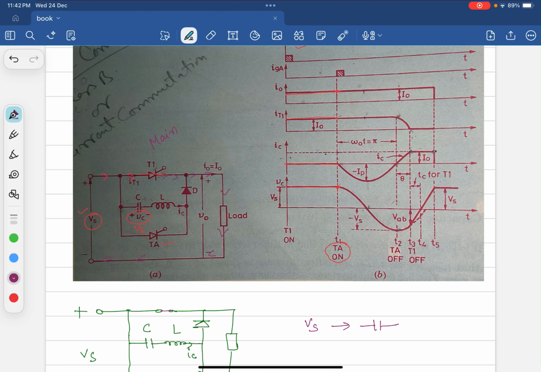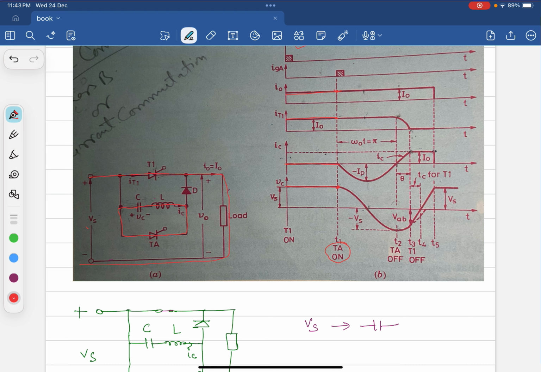It discharges through this path, through the thyristor and the inductor, with the capacitor as a return path. So I will remove this and explain again. When this thyristor was working, the current flowed from this to the load. Now the capacitor has got the path to discharge. It discharges through this path to the auxiliary thyristor, to the inductor and capacitor.